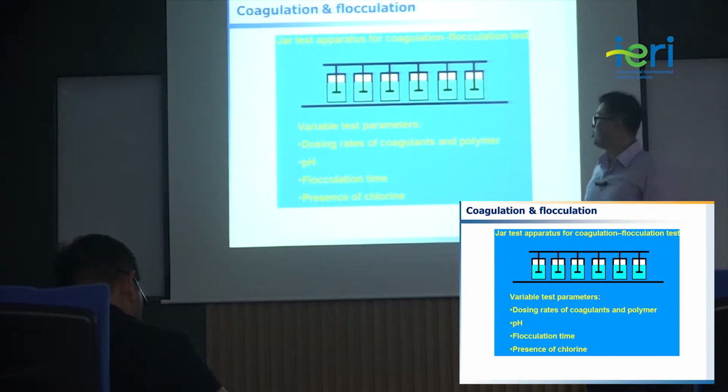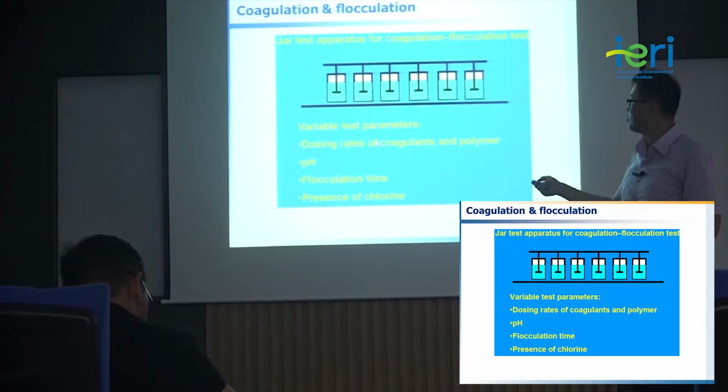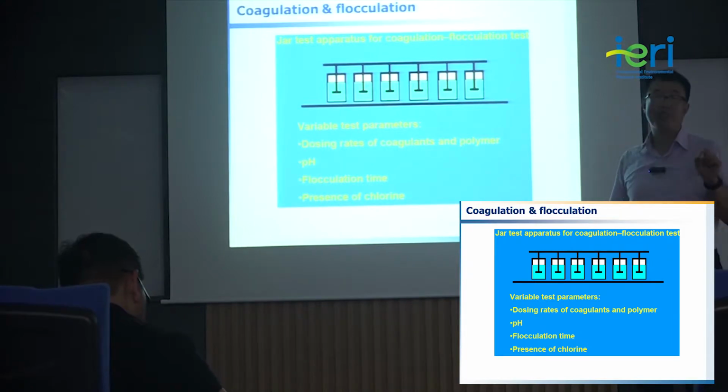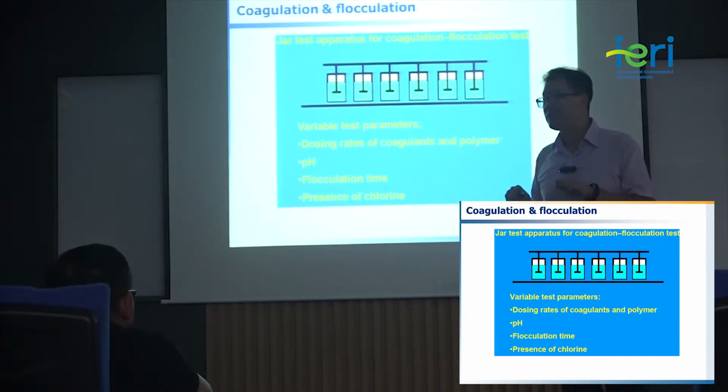By doing this jar test, you can get the optimum concentration of a coagulant, which is called the dosing rate. Sometimes you may want to change the pH range to get better coagulation, but changing pH just for coagulation is not suggested, because that kind of job is very complex for operators.